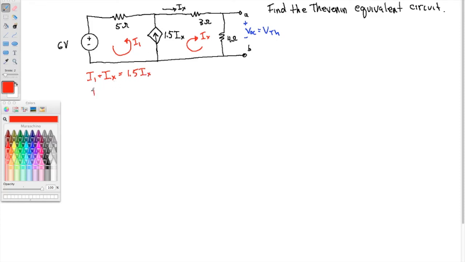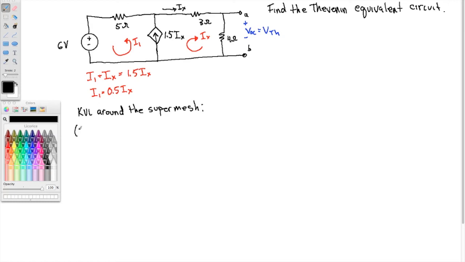So that makes I1 equal to 0.5 Ix. Now we'll do KVL around the super mesh.